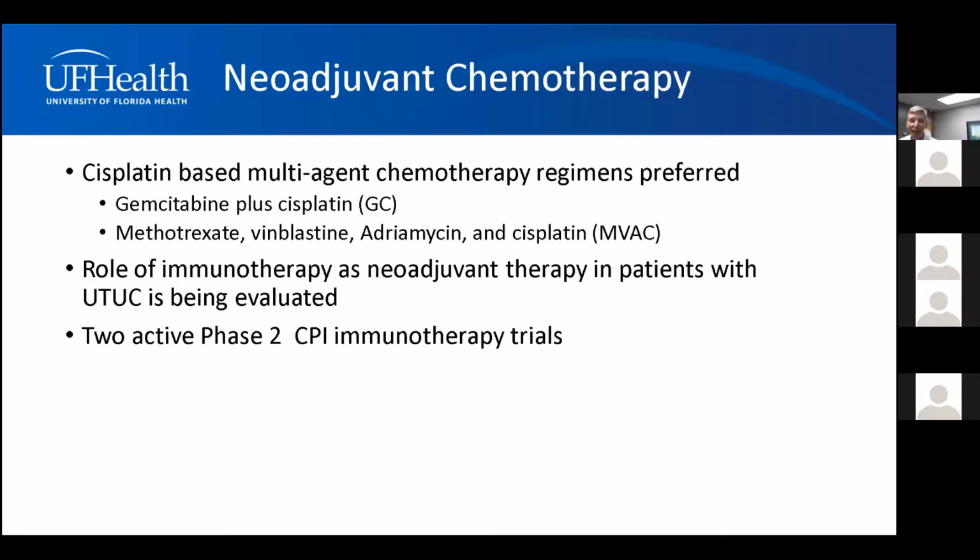I wanted to add these 2 studies in, but I know it's going to roll over. This will be something to talk about because there are 2 active phase 2 checkpoint inhibitor immunotherapy trials in the works now, one in China, one in Europe.